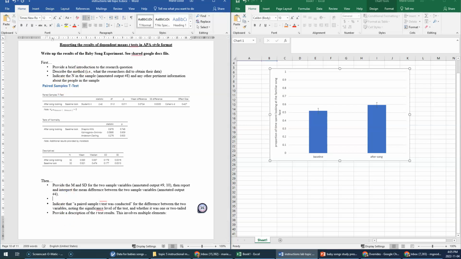So for this part, for the baby song study, we would say the mean fraction of time spent looking at the familiar song stranger in the baseline was, we get that from here, baseline is here, that's tricky, 0.521, or you could say 52.1%, the mean percent of time was 52.1, and then you report the standard deviation, which for baseline is 0.18, and in the after song phase, it was 0.59.